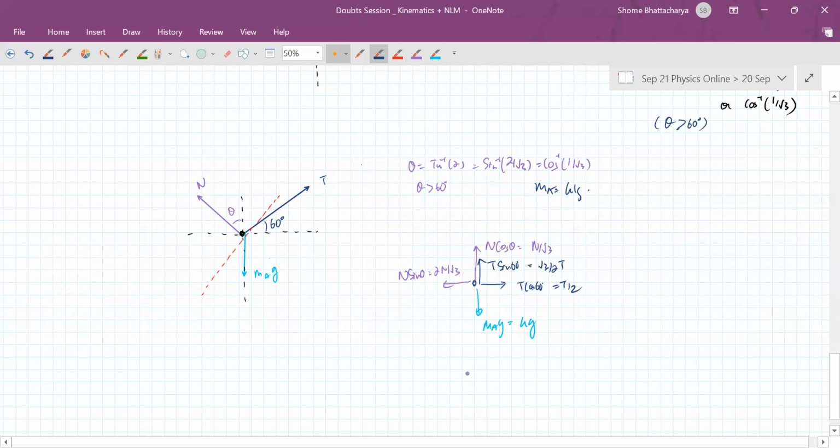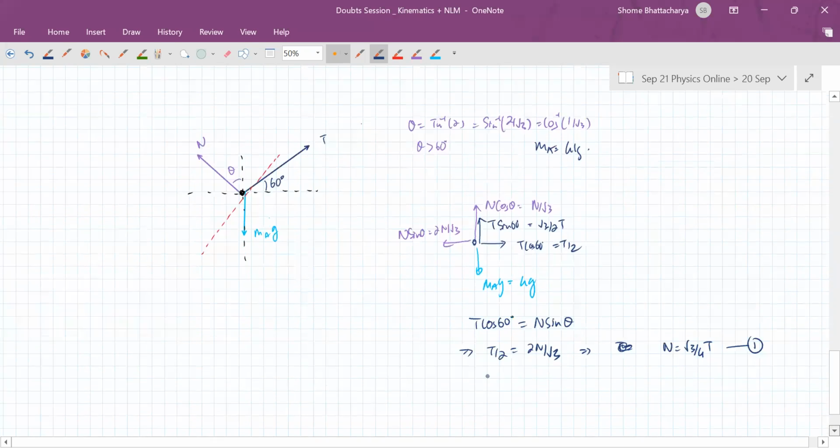So we have the relation that T cos 60 has to balance N sin theta, or T by 2 has to balance 2N by root 3. So we can better substitute N as root 3 by 4 T.